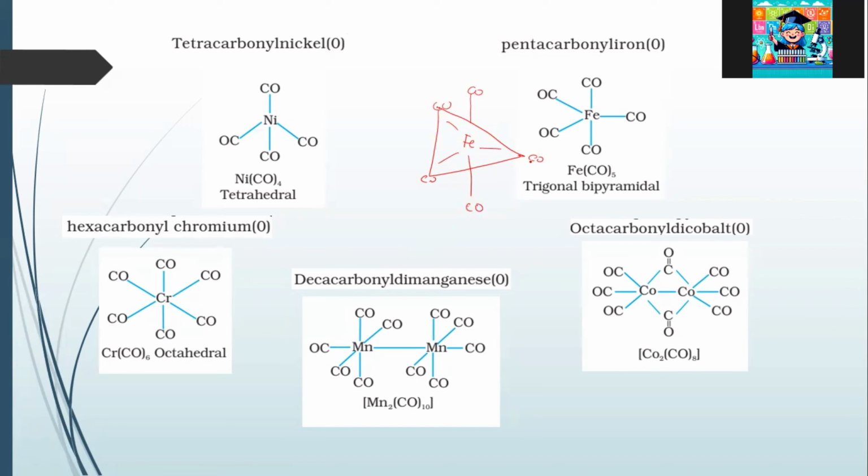So this is the structure of pentacarbonyl iron, which is trigonal bipyramidal. A triangle is there, and below and above, 2 apexes are there to form 2 pyramids.